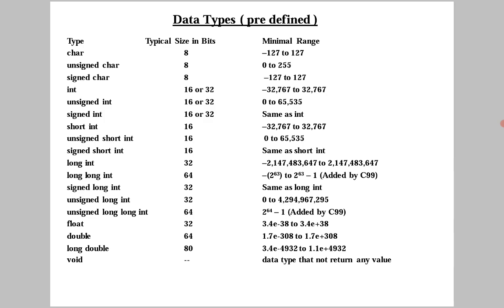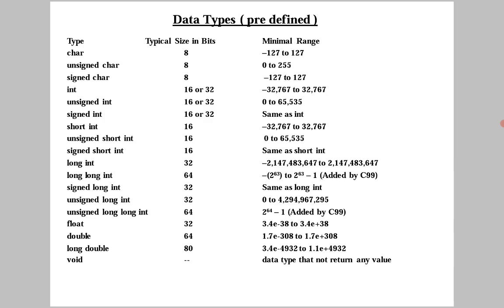So the popular data types in C are char to store character data, int to store integer values, long to store long integers, float to store floating values or real numbers, double to store double the size of floating point numbers, long double which is double the size of double data type.